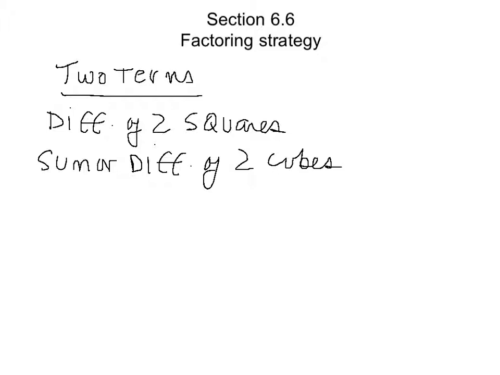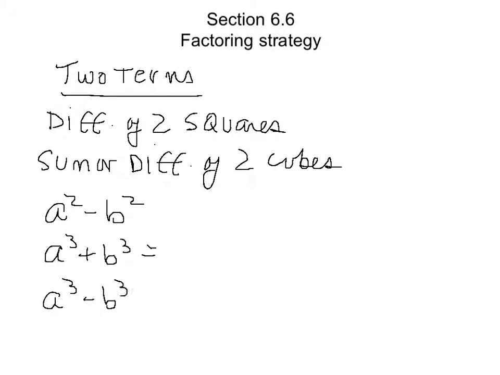So remember how these work. A squared minus b squared, difference of two squares. A cubed plus b cubed, sum of two cubes. Or a cubed minus b cubed, the difference of two cubes. And remember we have formulas for each of these. This is a plus b times a minus b.